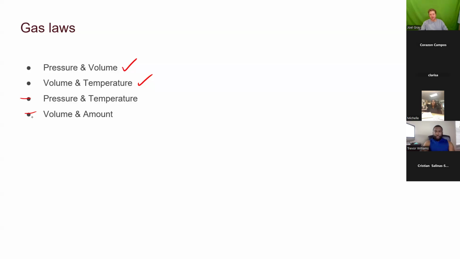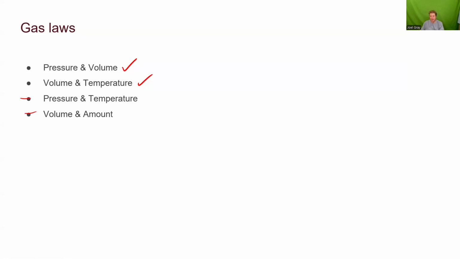That combined law is commonly known as the combined gas law or the ideal gas law. So we'll get to that, but I think it's helpful to think about these all individually and kind of build it up into something collective.